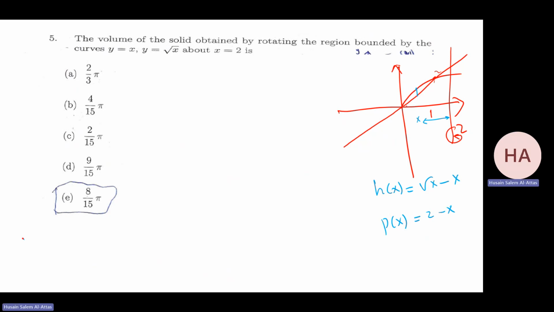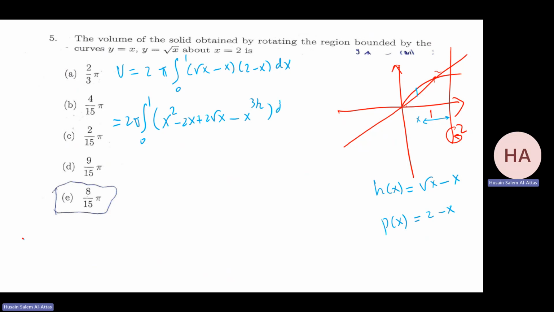Now I need to look at from where to where? From 0 to 1. So the volume will be 2 pi from 0 to 1 of square root of x minus x times 2 minus x dx. Yeah, be careful about the calculation. That will be x squared minus 2x plus 2 square root of x minus x to the power 3 over 2 dx.